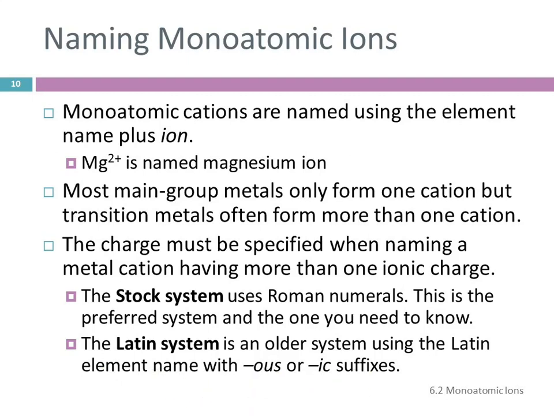And so you'll see things like ferrous chloride or ferric chloride, and that's iron(II) chloride and iron(III) chloride. This system is much harder to remember, and it's older, and we're trying to phase it out, and so we're going to focus on learning the stock system.